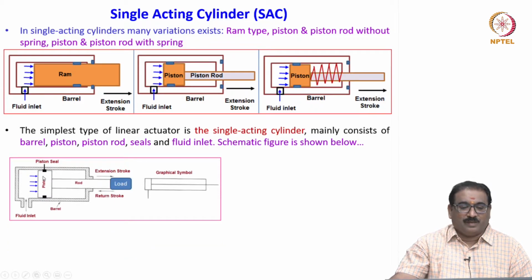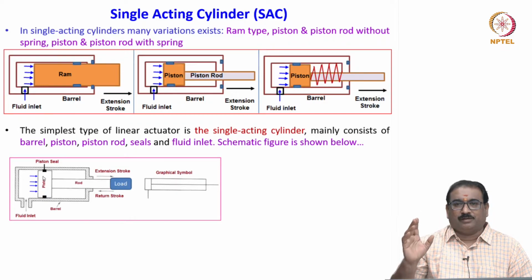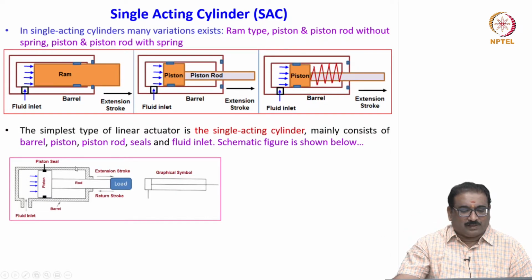In the course of the study, you are seeing various figures, whichever is comfortable for you, you will practice sketching the different parts. You will see here the sectional view, here the fluid entry and a piston over which the fluid will act, then extension will take place. The retraction stroke is only due to the self weight, you have to mount this in the vertical direction.